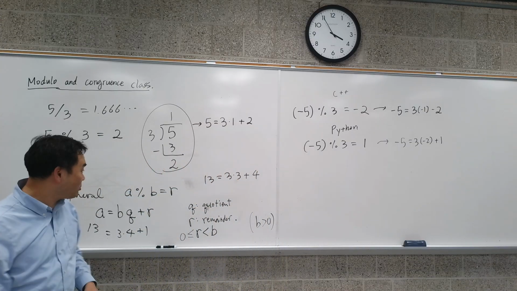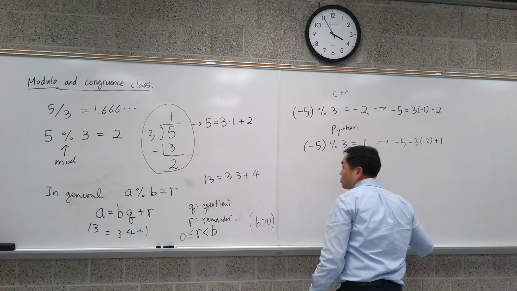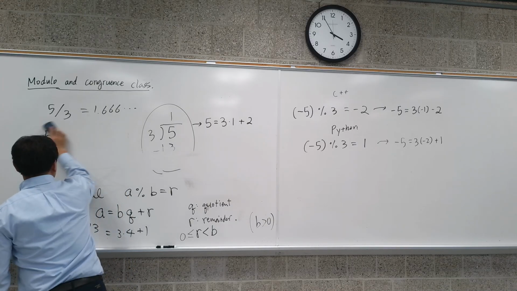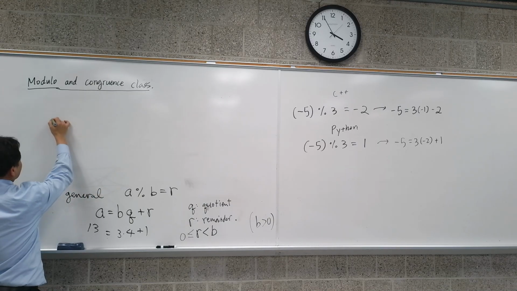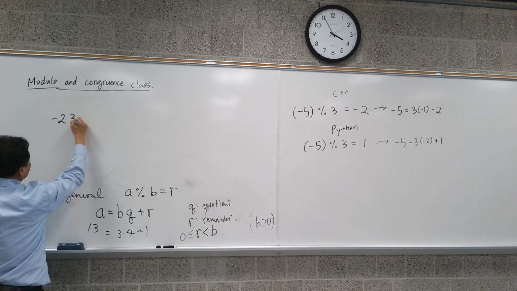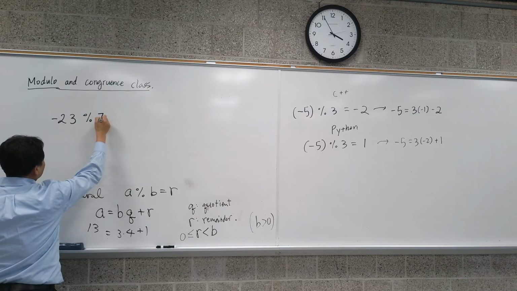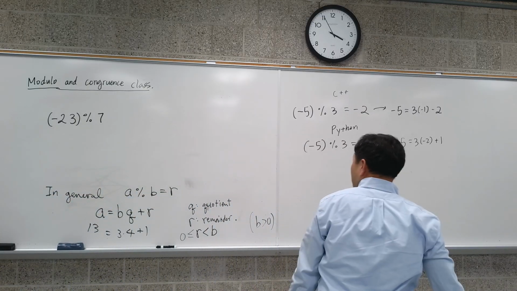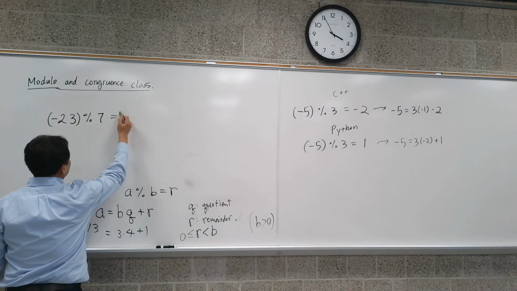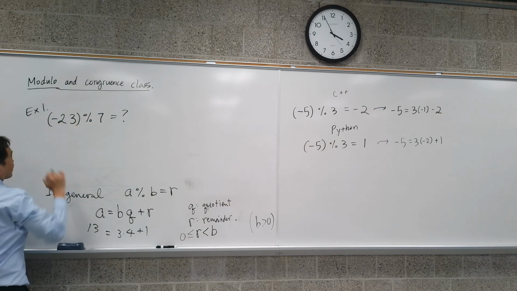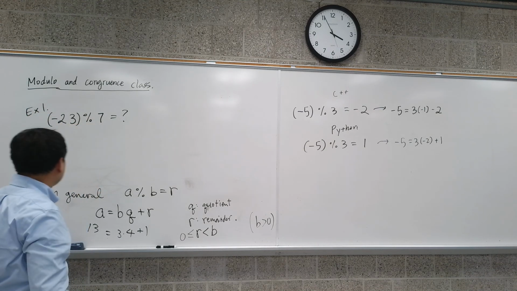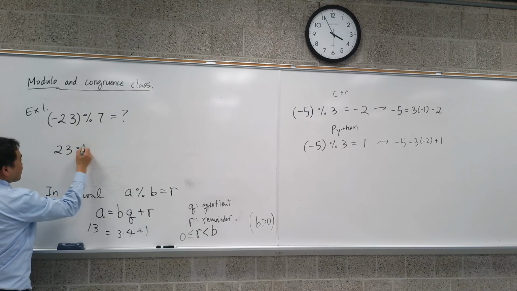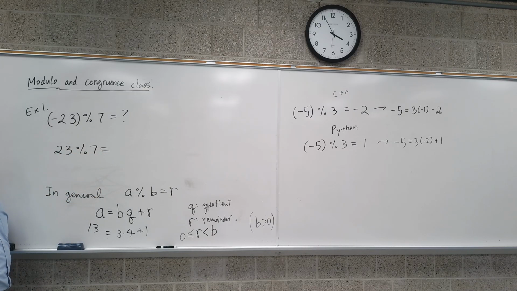Okay, so just to make sure that we understood what's going on, let's try another negative number. See what we can do here. Say negative 23 mod 7. So here's the question, example 1. Well, 23 mod 7 is what? 7 times 3 is 21. That goes under 23, so what's that? 2.